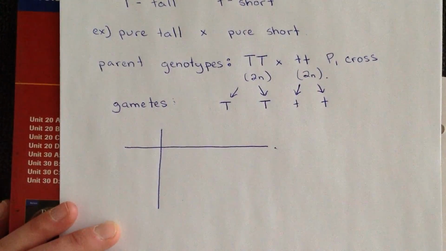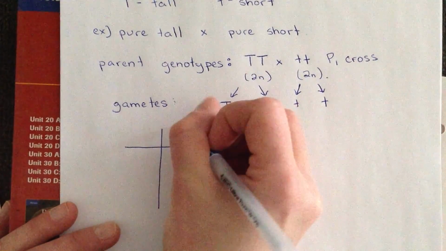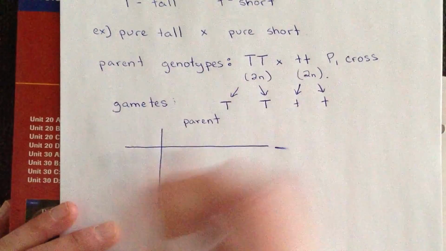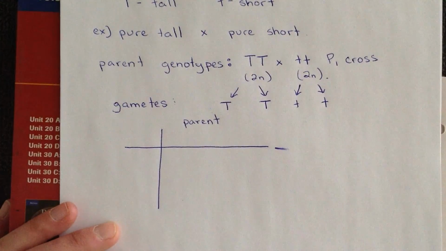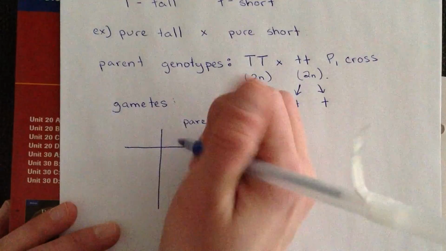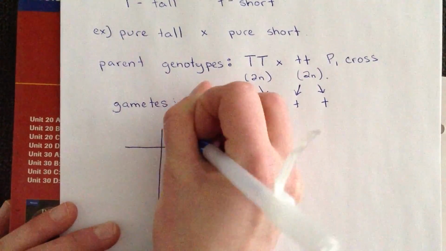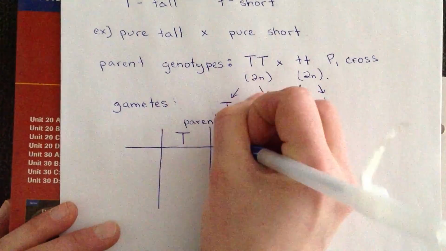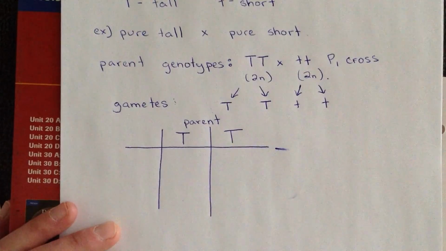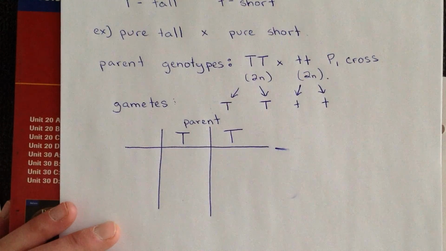It's kind of like a math square. On one side, you can put whichever parent you want, but you're going to split up those genes in a particular way. I'm going to take the tall plant and leave its gametes in each of these spots.